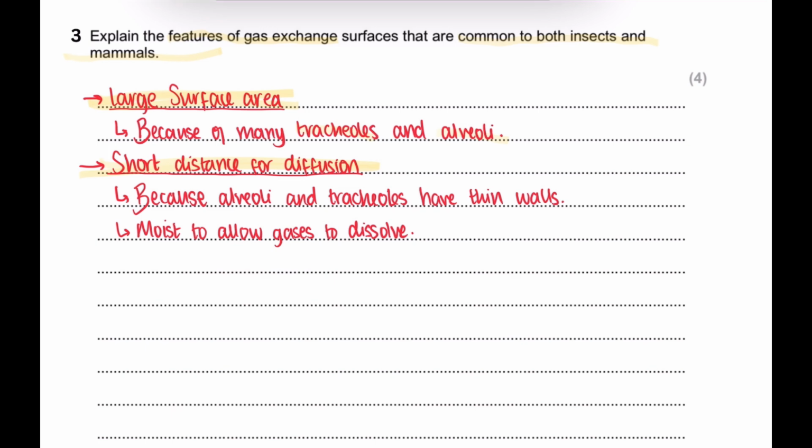We can say it has a short distance for diffusion. This is because the alveoli are again just one cell thick, as well as the tracheoles, both have thin walls, and also it's moist, and this allows gases to dissolve. Another one can also be that tracheoles penetrate tissues, and alveoli are also close to a blood capillary. That means they maintain concentration gradients.